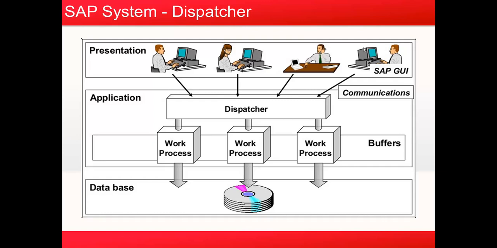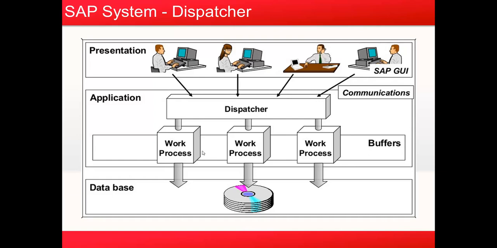The dispatcher is a program which manages the resources for the R3 application. All the requests from the users come to the dispatcher, which in turn allocates them to the work processes.